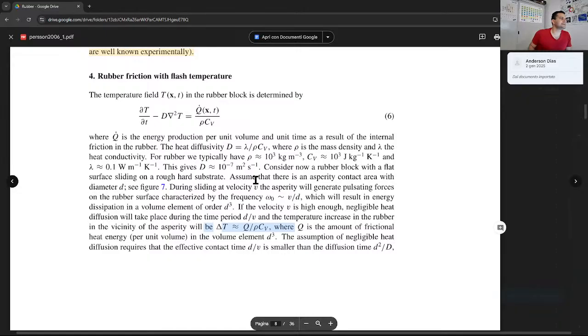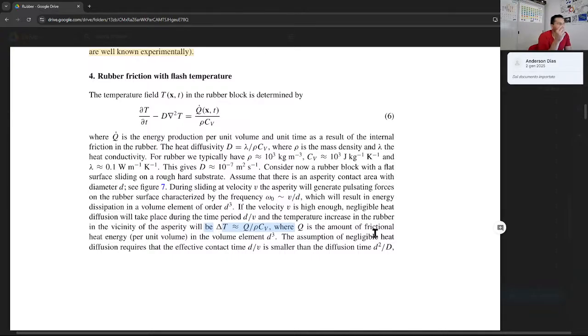Q is the energy, rho is the density, and Cv is the specific heat. And Q is the amount of frictional heat energy. And then I can calculate the temperature locally, the flash temperature, using this equation.